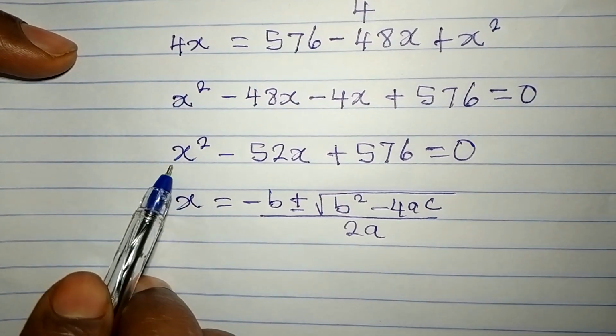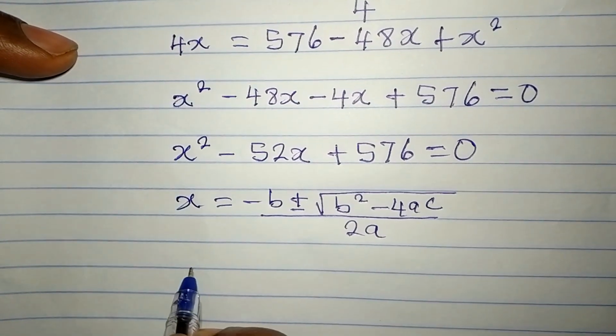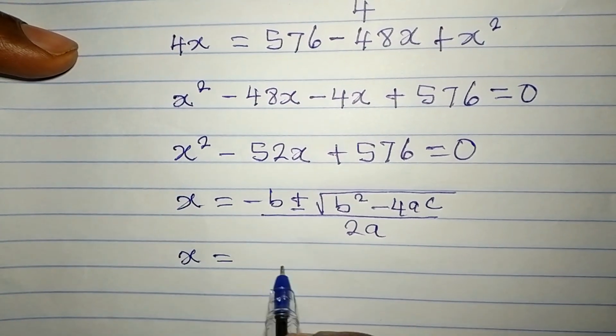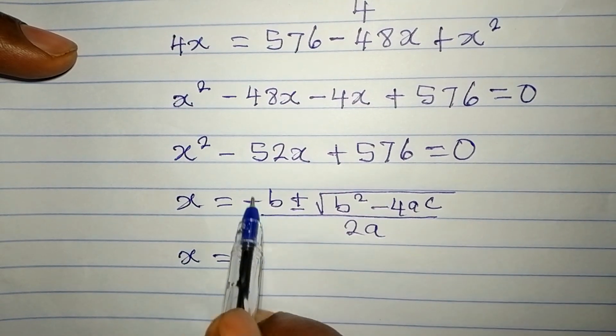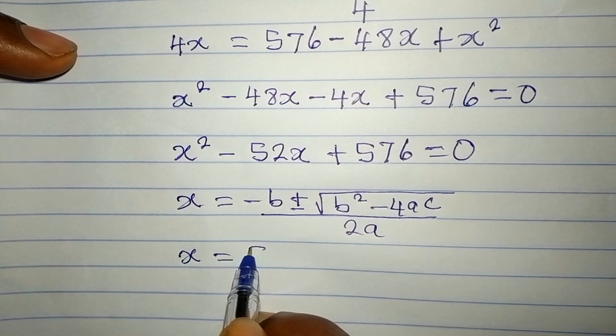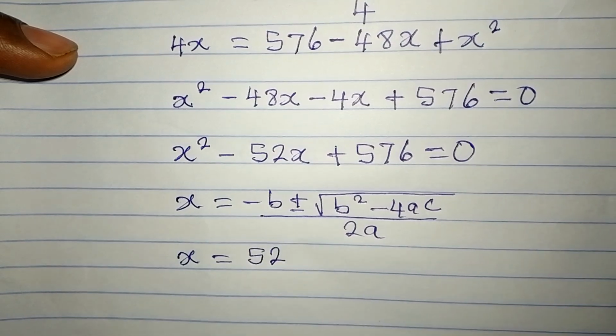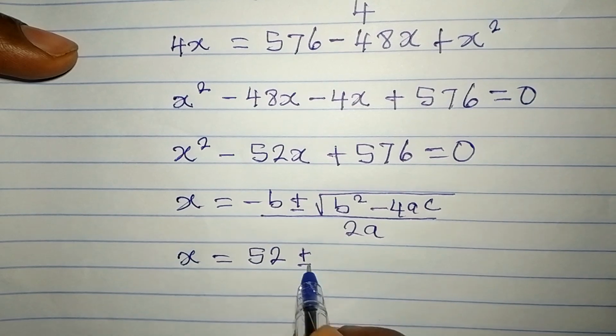A is 1, that is the coefficient of x squared. So we're going to have x equal to, b is negative 52, so negative will give us positive, and I'm having 52 over there. Then I have 52 plus or minus.